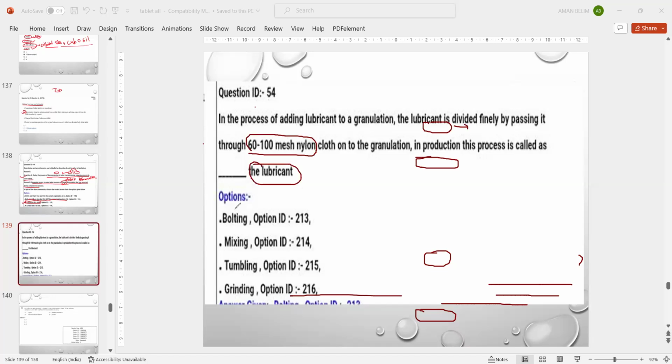Yes, very good, it's bolting. Bolting is simply passing your lubricant through a 16 to 100 nylon mesh. That is known as bolting.